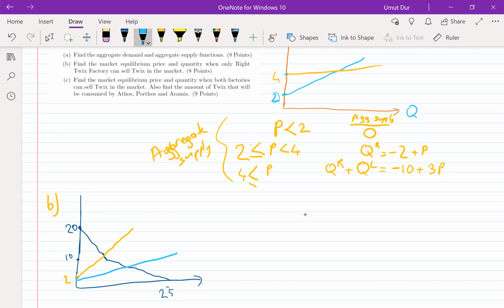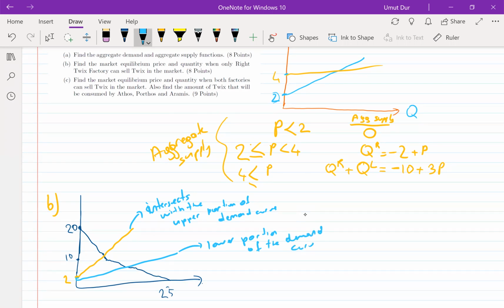So which means that the supply curve can intersect with the upper portion of the demand curve, or the lower portion of the demand curve.